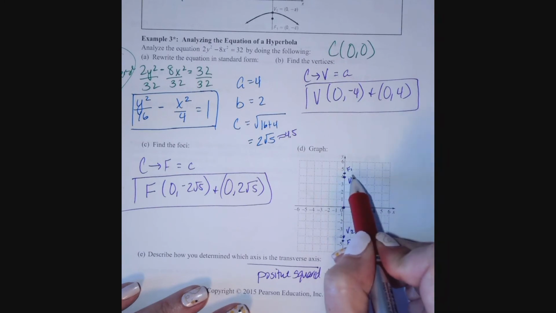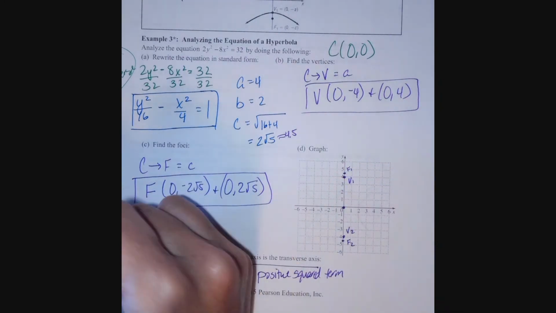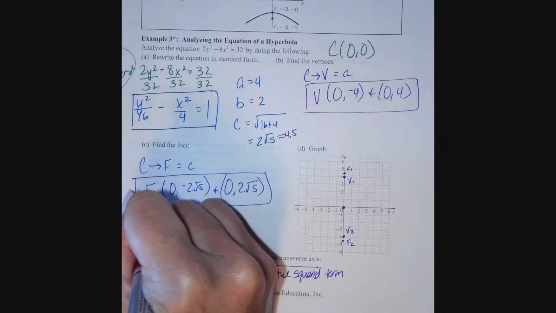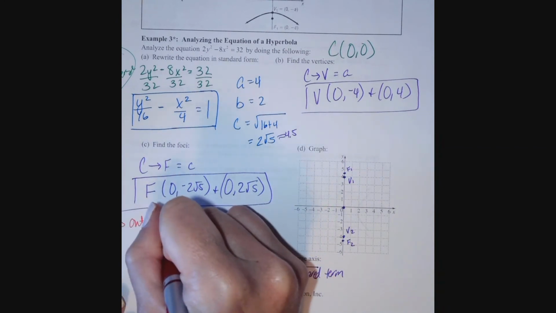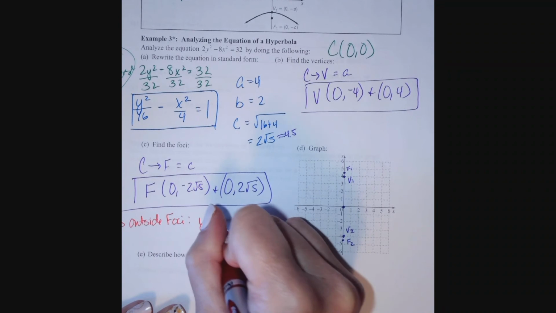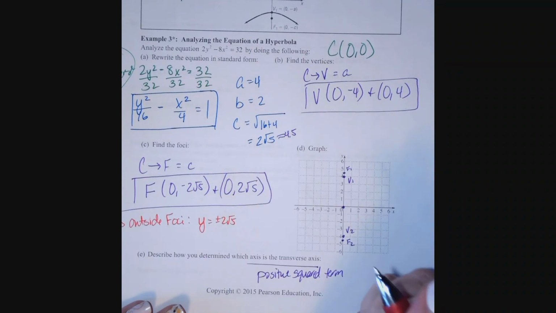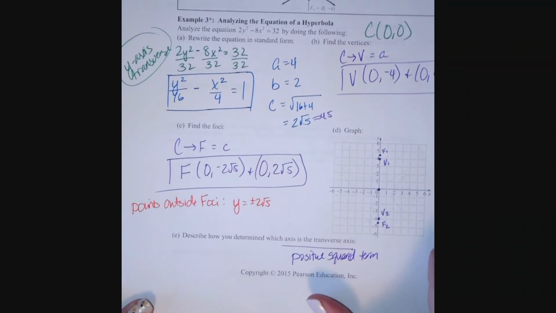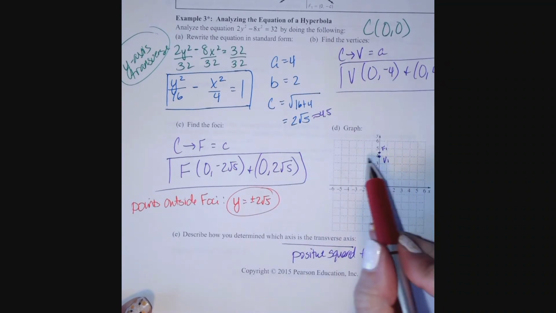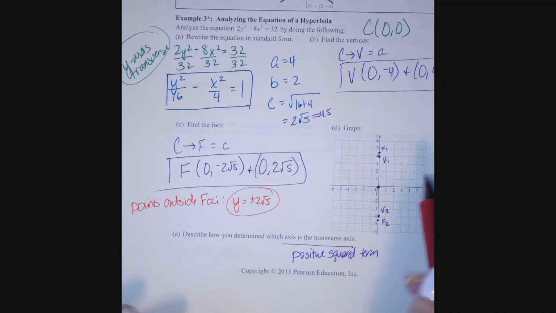Because we have changed our transverse axis, now we have a y-coordinate for the focus. So we need to go to those points to the left and the right of the foci. And that y value for the focus is plus or minus 2 square roots of 5. So that's what we're going to plug into our equation to find the x-coordinates for these points that are going to give us the width beyond the focus.